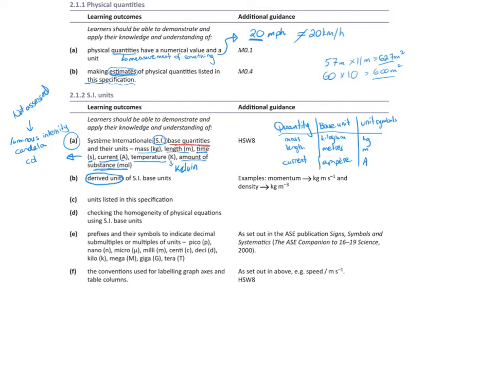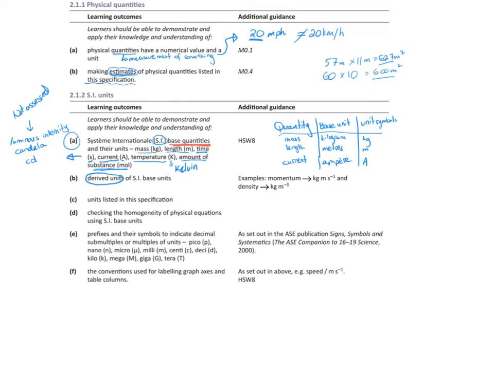So these are our base quantities, and everything else that we can measure is a combination of the base quantities in a different way, either a multiplication of them or a division of them. So for example, mass times meters divided by time gives you momentum, or mass divided by length to the power of 3 gives you density, and so on.